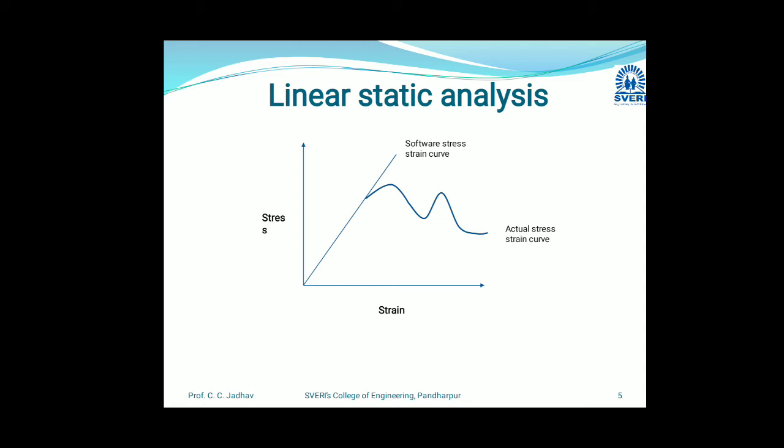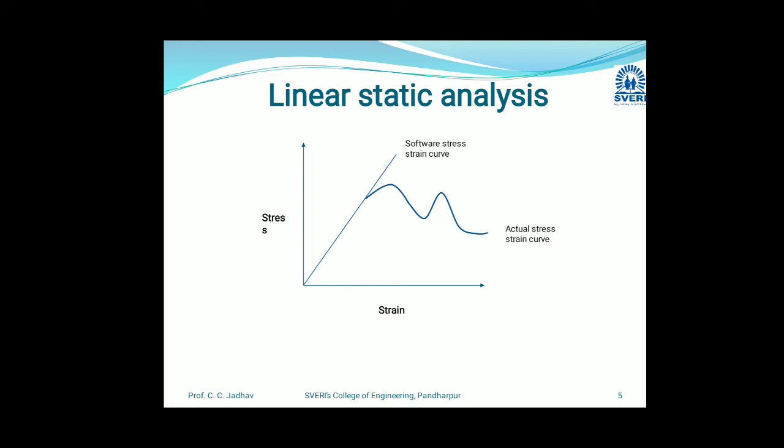Software does not show the failure in this fashion; it shows the failure by changing the color. Red color indicates the failure. It shows a single unbroken part with a red colored zone at the location of the failure.